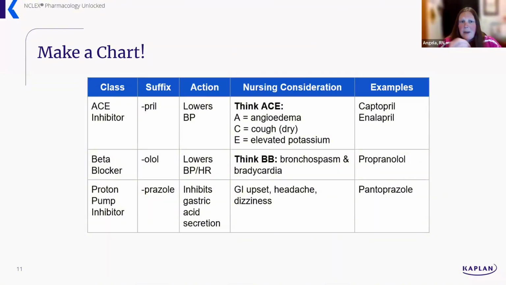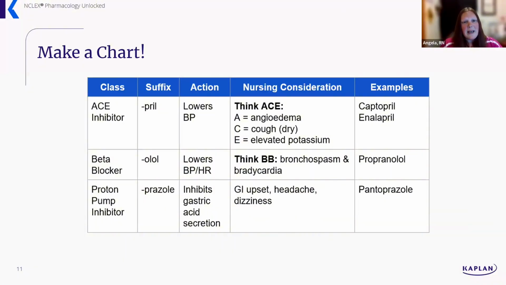Now, here's my favorite, and Strudy, I am so excited again that you have got this down. I want you to think about nursing considerations, and I want you to think ACE. Angioedema is a potential adverse effect. Cough is a potential adverse effect, and elevated potassium. So use that acronym ACE there as part of your remembering for those adverse effects here. The last part of my column, I again can put some examples of the naming structures of these medications.